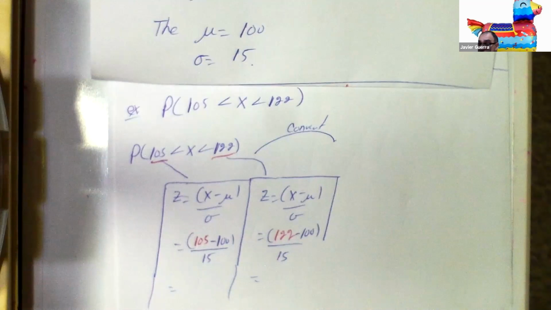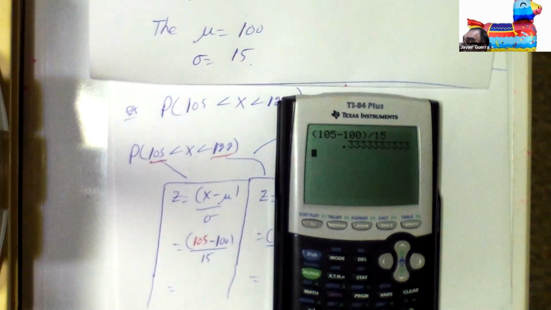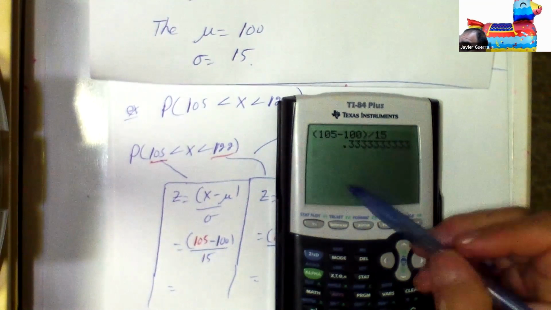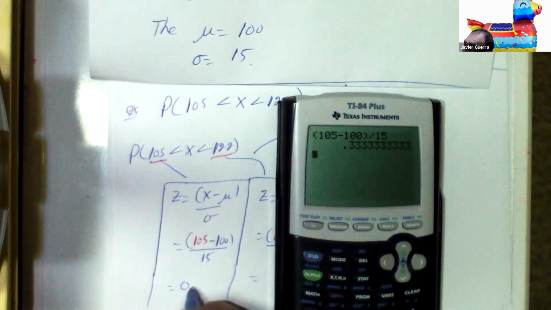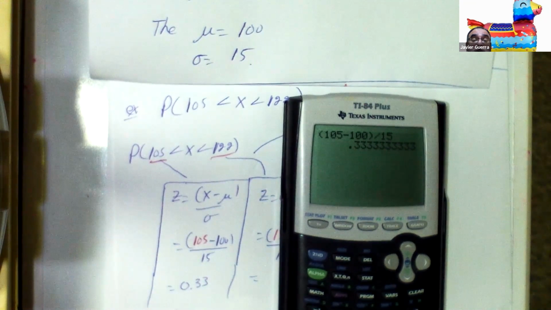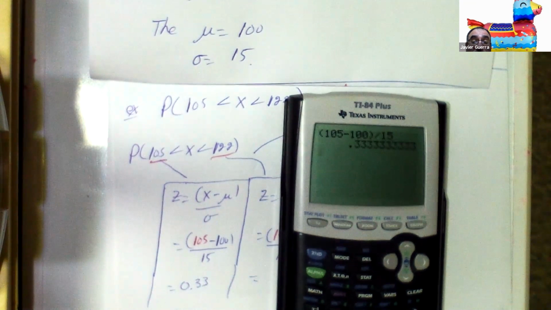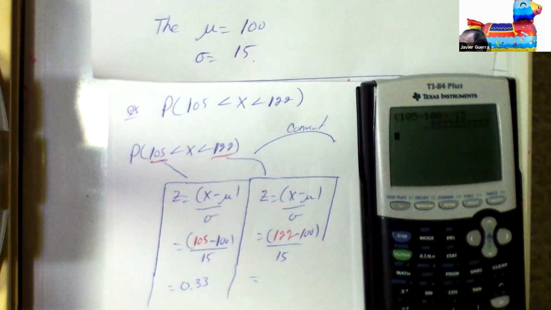Oh, look at that. Look what it gave me. It gave me 0.333. We'll fix it. I need two places behind the decimal. .33. My Z's have to have two behind the decimal. All right, let me calculate this one.